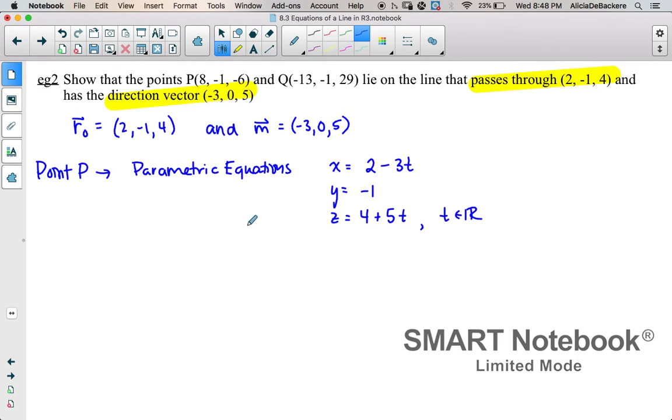Okay, so once I have the parametric equations, we did an example like this already in 8.1. There just wasn't a z equation. To show that the point is on the line, all I have to show is that the t value is consistent.